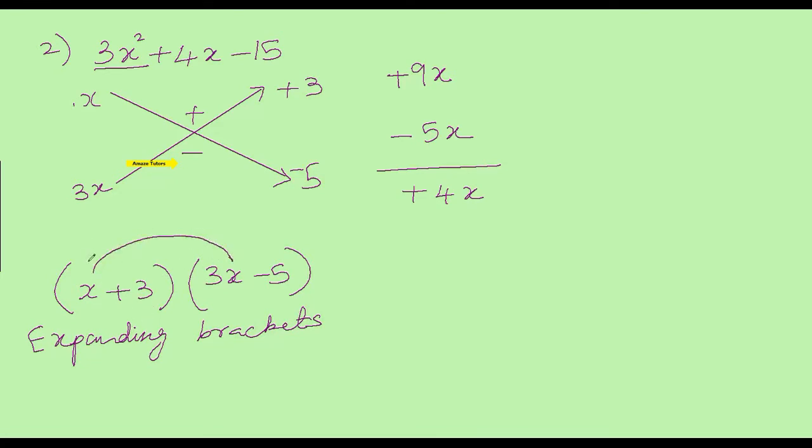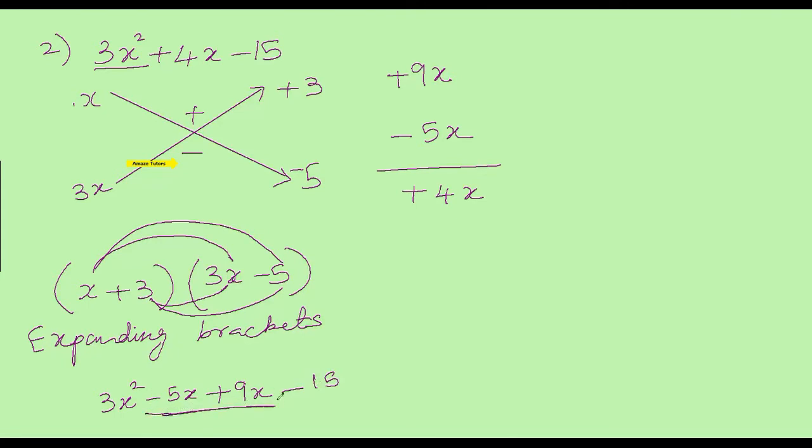Expand these two, multiply these two first. 3x times x is 3x squared, minus 5x, plus multiply these two. 3 3s are 9x, minus 3 5s are 15. Now these two are like terms.